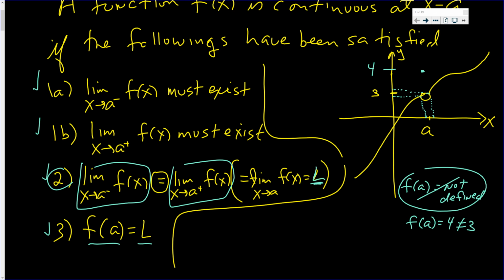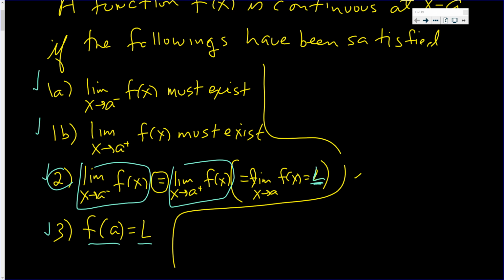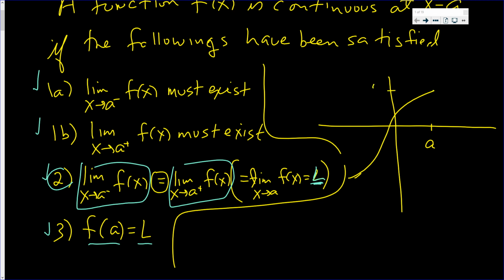If all of them pass, let us see what that means. Here's a. The left limit has to approach some number, say 4. And the right limit has to also exist. But statement 2 says they have to be the same answer.